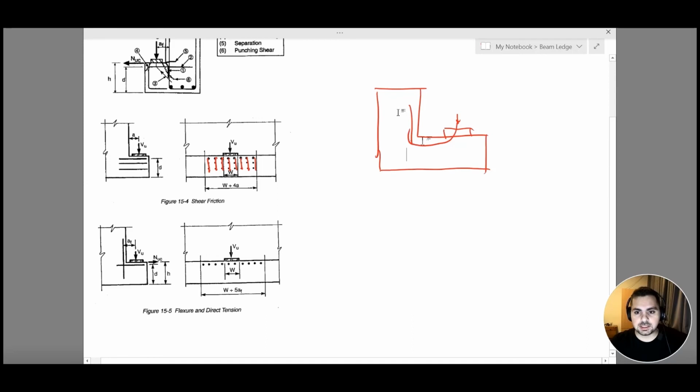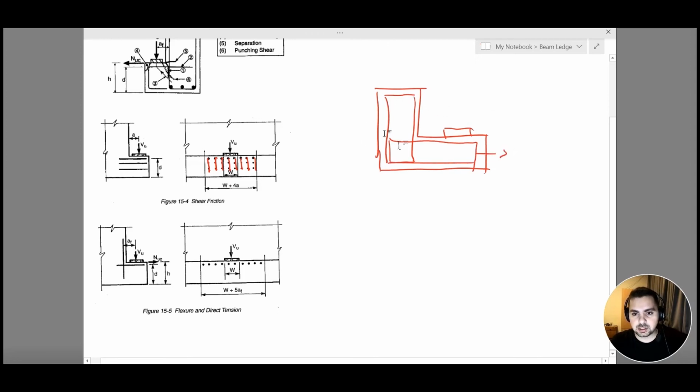Now, in our case, we are not going to place this steel hanger. Instead, we are going to place a stirrup. However, now this is the first stirrup that we placed that we talked about. This one, we just talked about it.